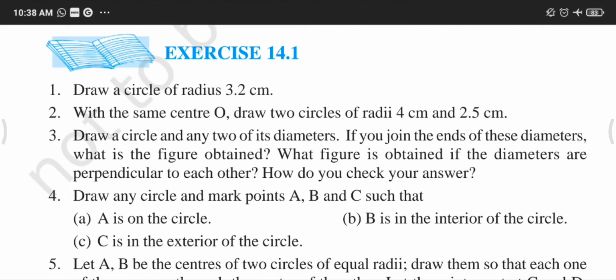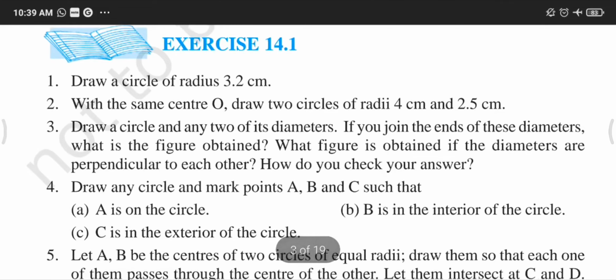And then second figure you are also required to draw where diameters are perpendicular to each other. Means जब diameters perpendicular हो तो कौन सी figure आएगी, और perpendicular नहीं है तो कौन सी figure आएगी. Then this we are required to check, and then now let's draw this.